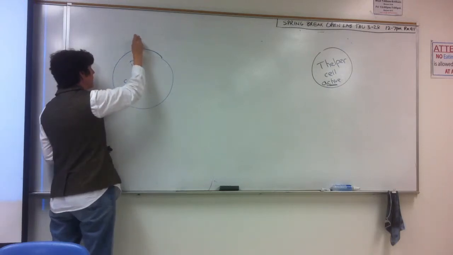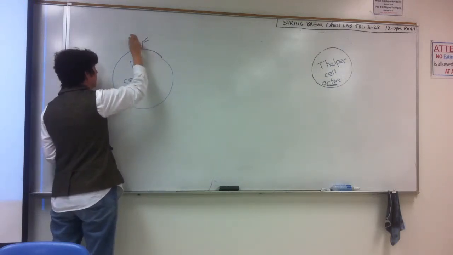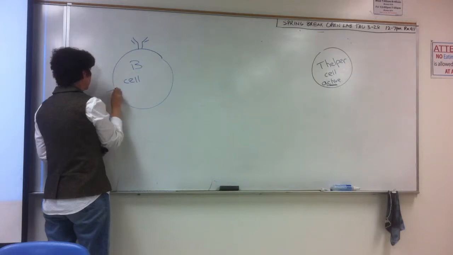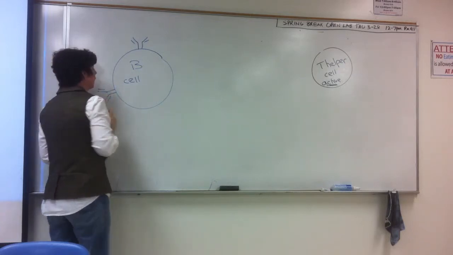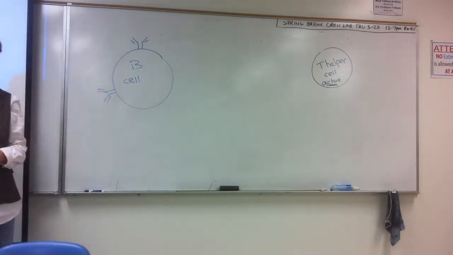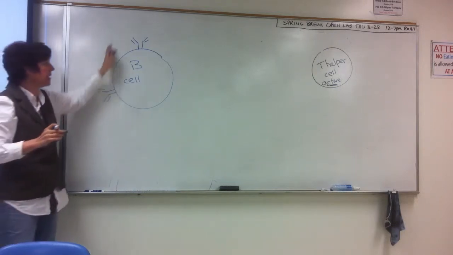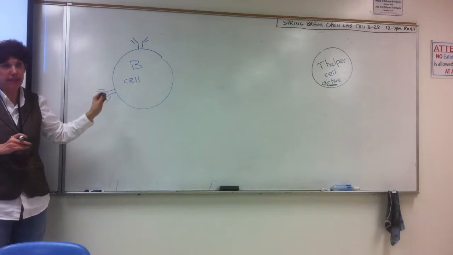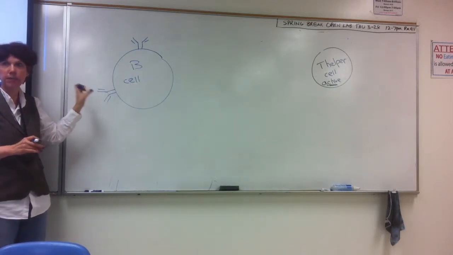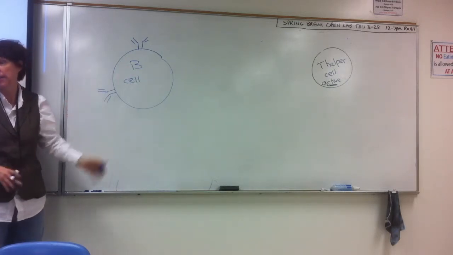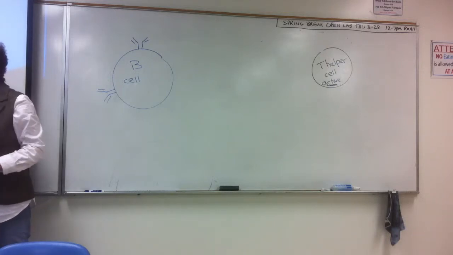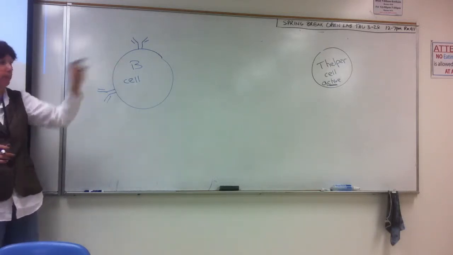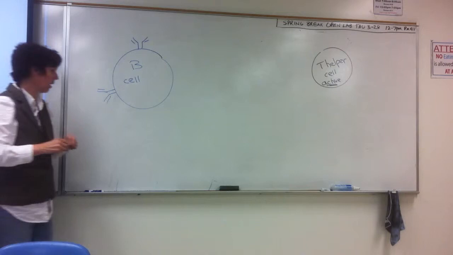And it has on its surface B cell receptors, which are really a form of an antibody. And for this particular B cell, they're all the same, but they are specific. They only recognize one particular epitope. A different B cell will recognize a different one.